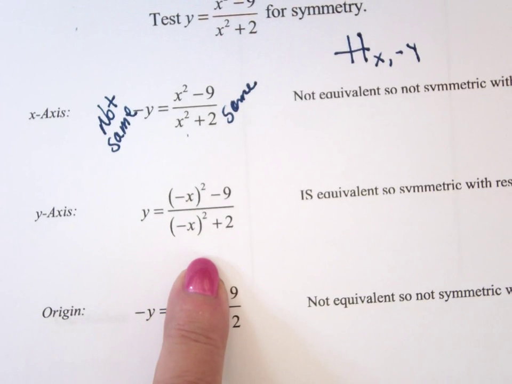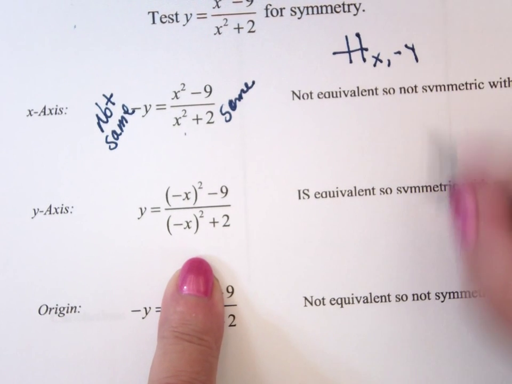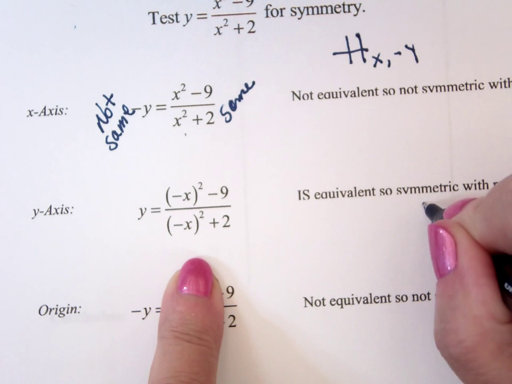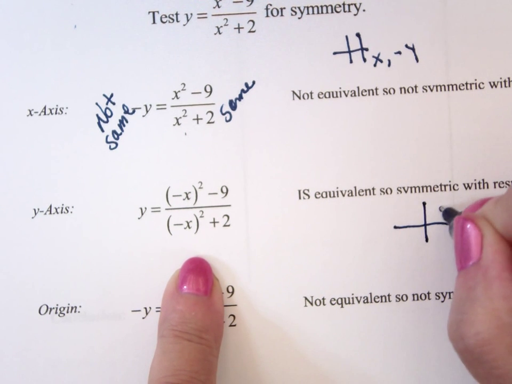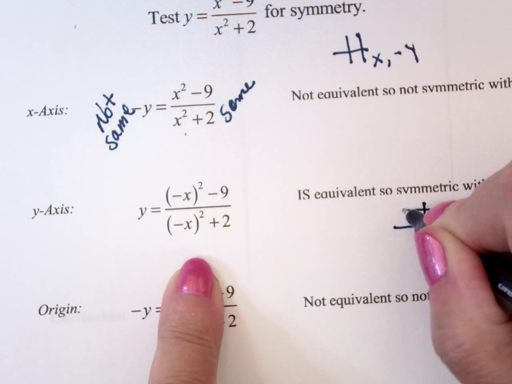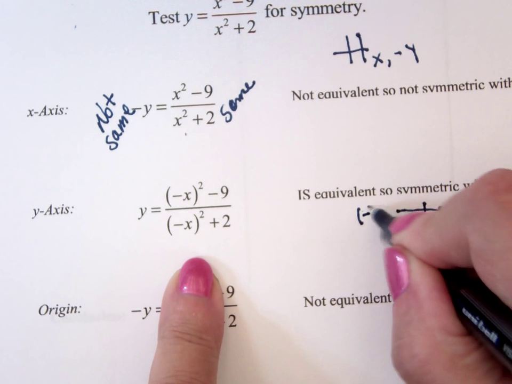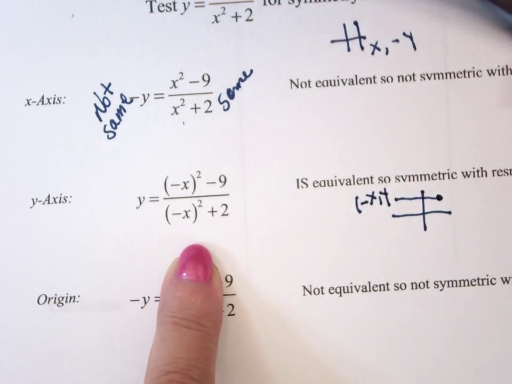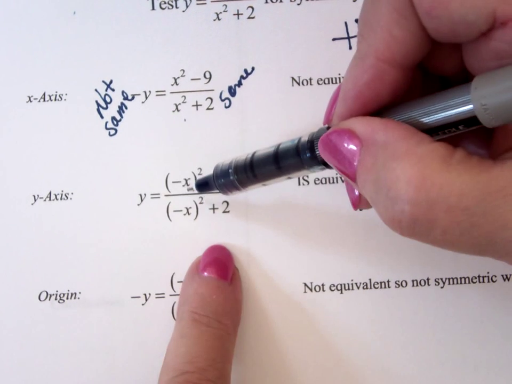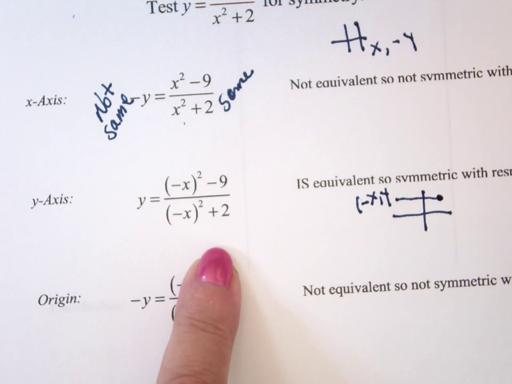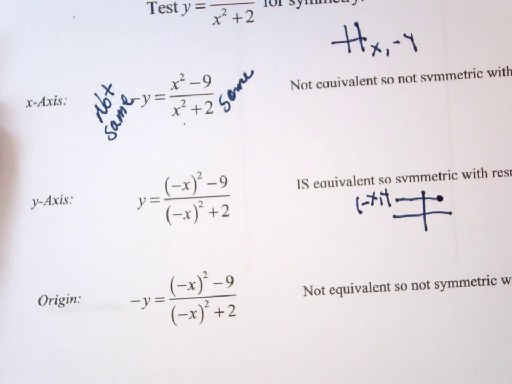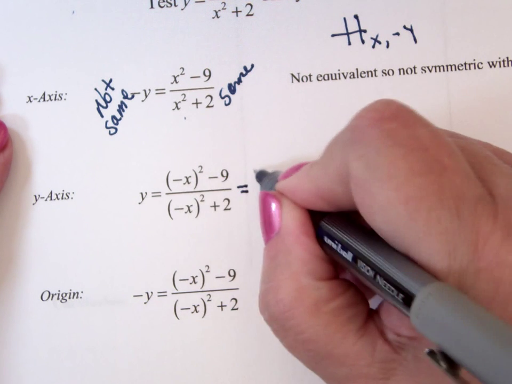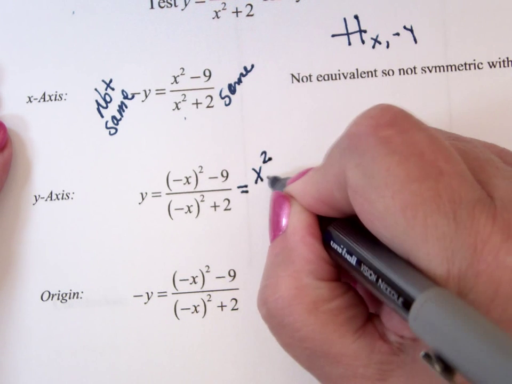With respect to the y-axis, now here I am again. I take this thing, go across. It says x changes, y stays the same. And that's what I did. I left y alone. I changed x. The question is, do I get the same equation? Well, the opposite of x squared is just x squared minus 9.